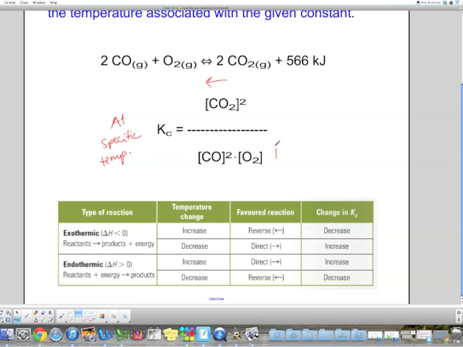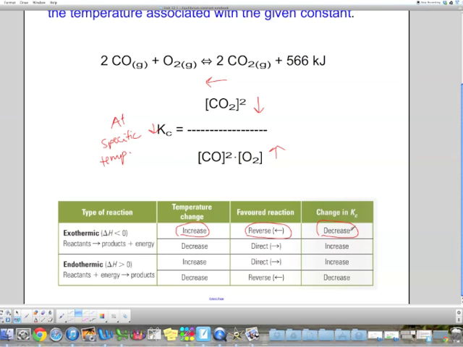So these amounts are increasing, this is decreasing. So how's that affecting my K? Well, this number is becoming bigger, so that means my K is decreasing, which is what we have over here, right? So if I increase the temperature, I'm favoring the reverse reaction, which is decreasing the value of K.